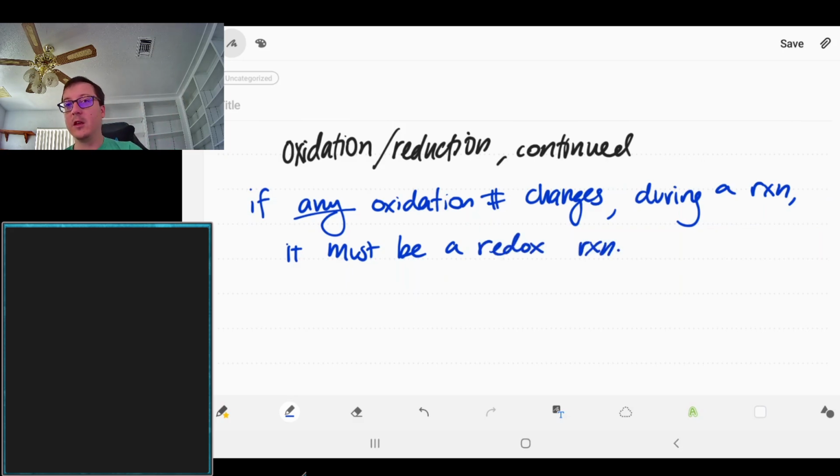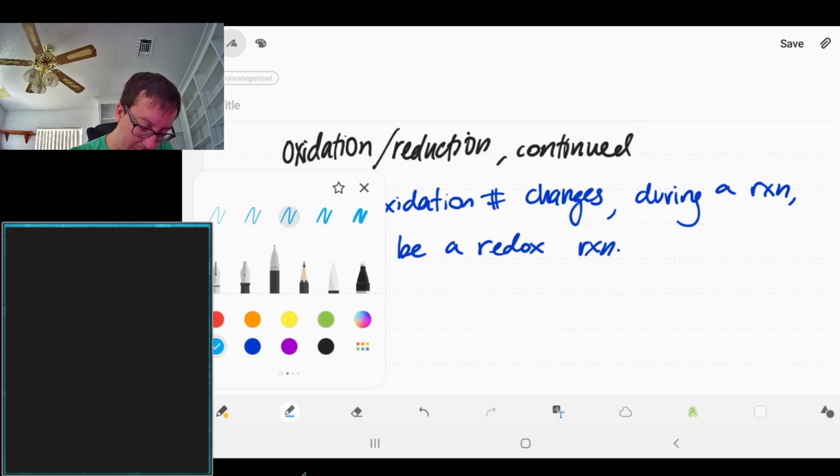I say any, but really we have to have two changes going on, right? We need an oxidation and a reduction. We have to have both. So those two must happen simultaneously. Something has to be getting electrons and something has to be losing electrons. You can't just lose electrons into nowhere or just get electrons out of nowhere either. So just be aware of that.